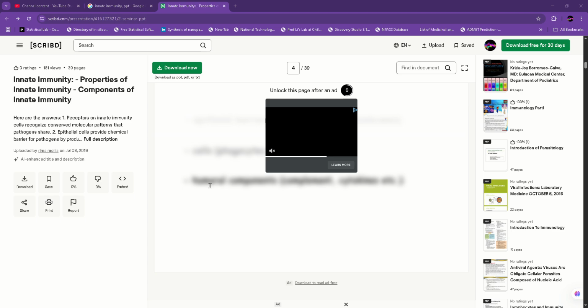And the barriers are anatomic barriers, physiological barriers, phagocytic barriers and inflammatory barriers. So all these things will contribute towards achieving the goal to defend our body against infections.